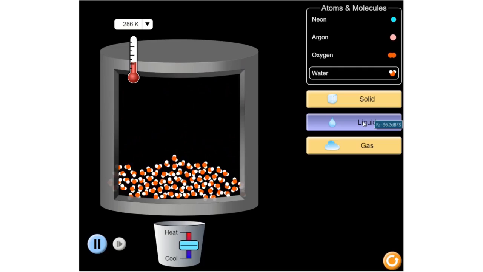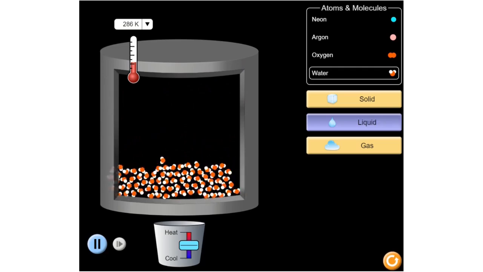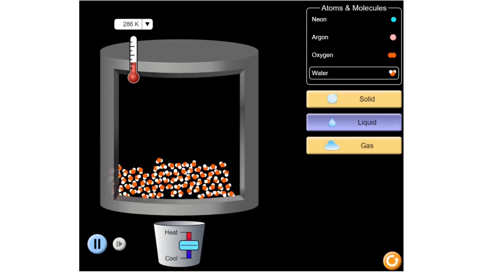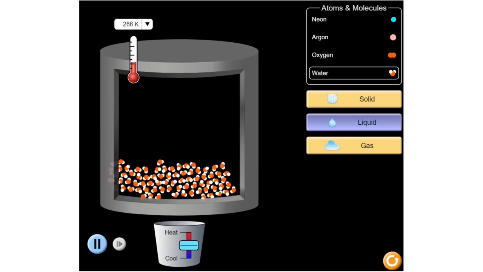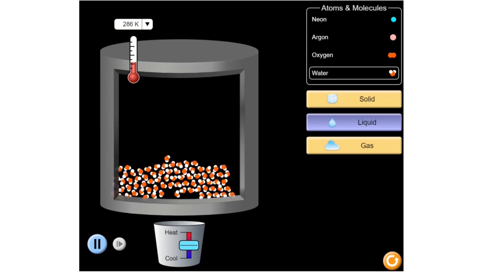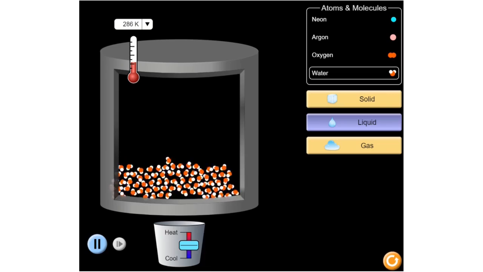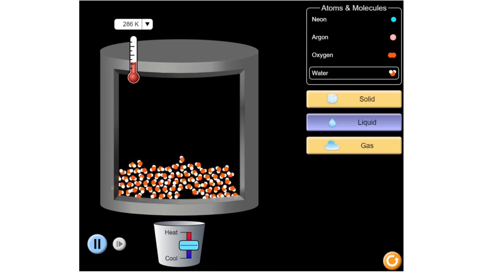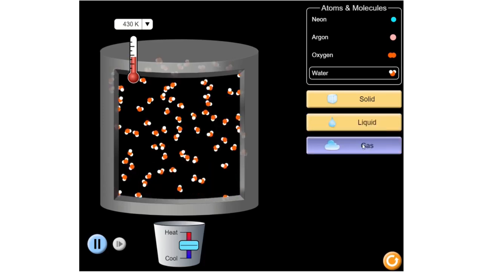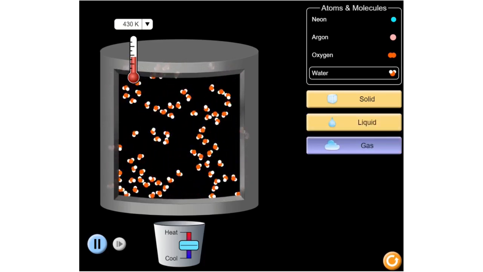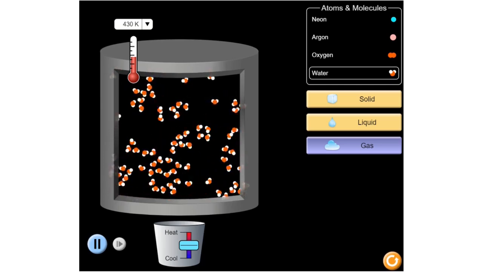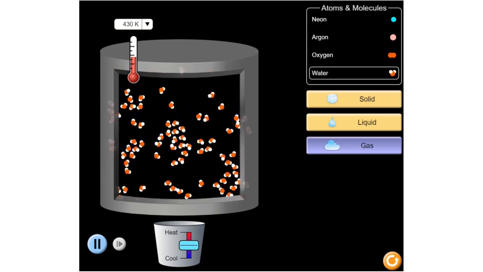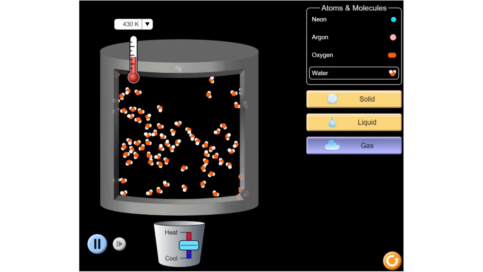and you can see consequences for different amounts of bonding between particles with solid, liquid and gas. An interesting one that's part of the particle theory is that in the gaseous form there's lots of collisions, and the collisions are perfectly elastic, and that means there's no energy loss in the collisions.